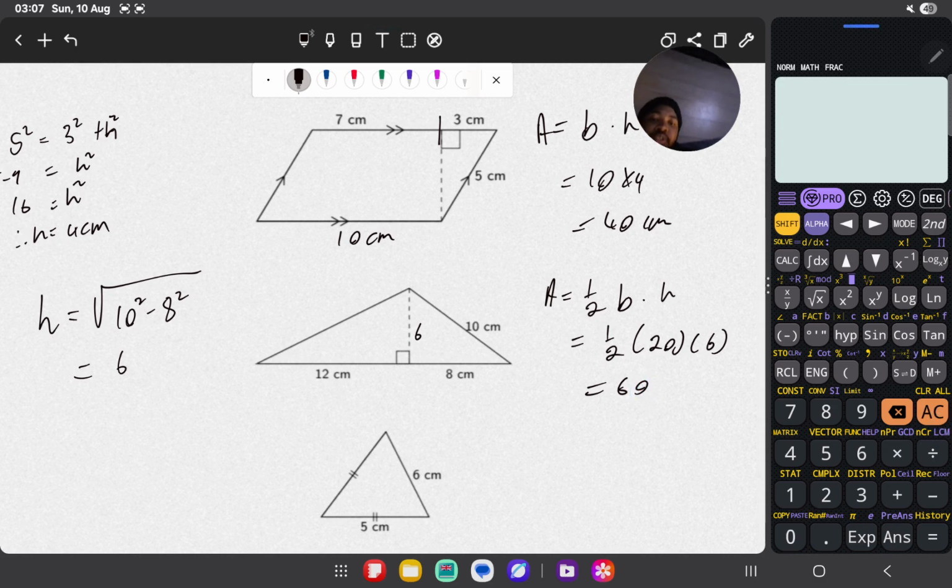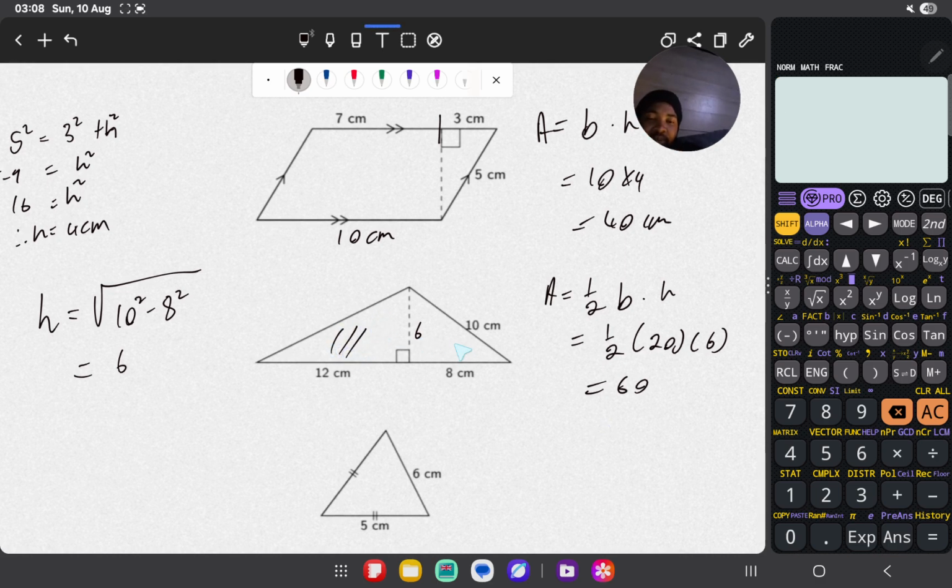I also want to show you now, imagine we take this triangle and divide it into two. We have the left hand side, we have the right hand side. So if I calculate areas of them together, it's going to be half times 12, which is the base, times the height, which is 6, plus we have another half.